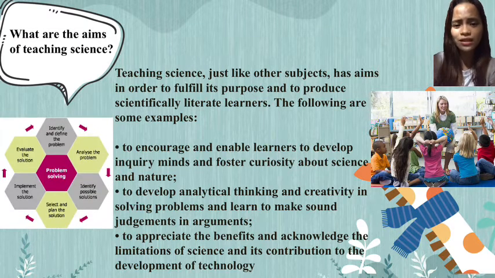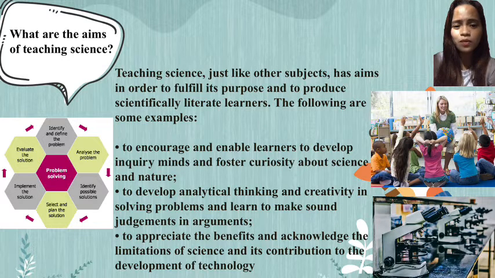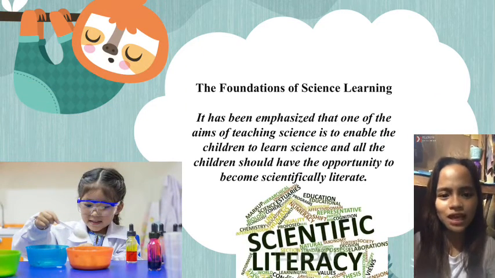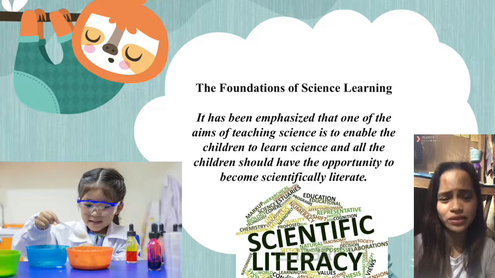Second, to develop analytical thinking and creativity in problem solving and learn to make sound judgments in arguments. Third, to appreciate the benefits and acknowledge the limitations of science and its contribution to the development of technology.